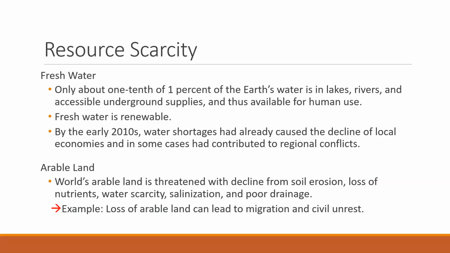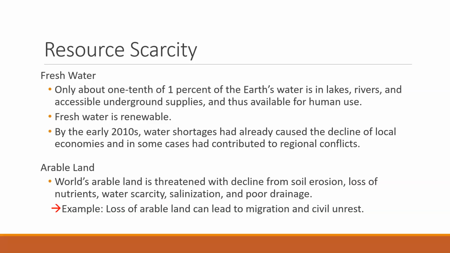Certain crops pull nutrients out of the soil. If you continue to grow that same crop over and over and over, eventually that soil becomes completely unusable for anything. This is where crop rotation has come into play. Not all land is good for growing. Not all soil is good enough for growing.